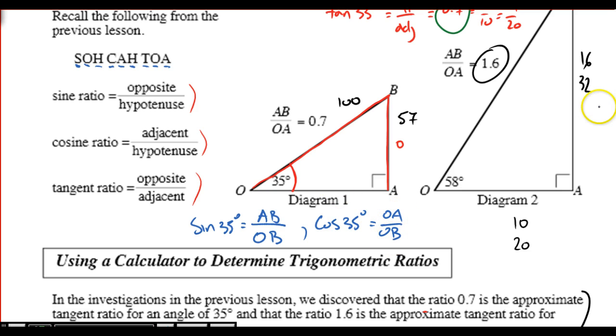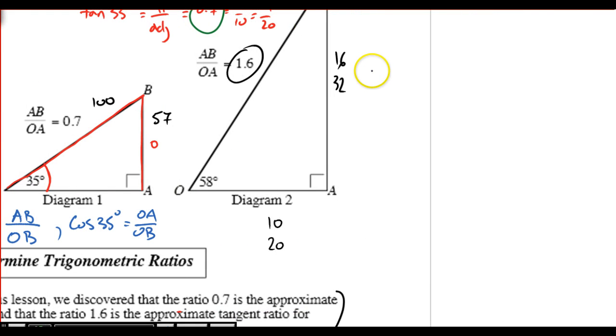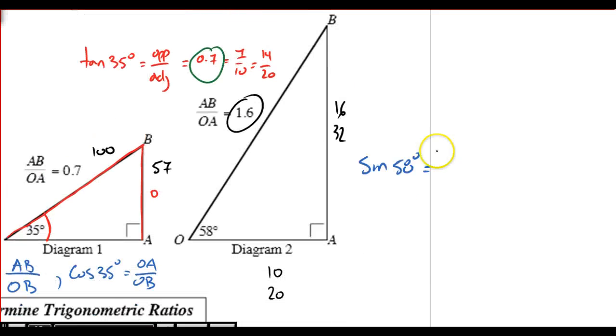And in this case, sine 58 degrees would be opposite over hypotenuse, so that would be AB over OB, and cos 58 would be adjacent, which is OA over OB.